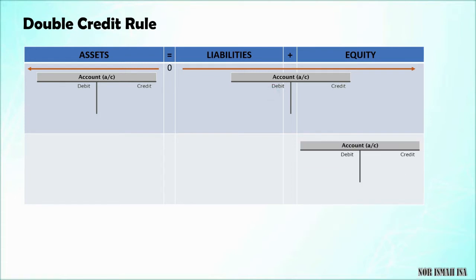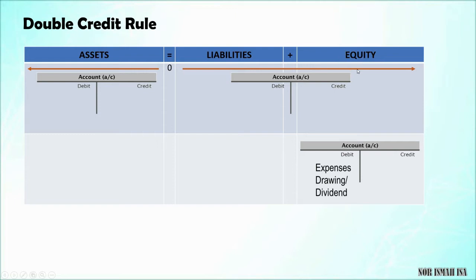Now let's go to the things that decrease and increase equity. As we know before, revenue will increase the equity, while expenses and drawing will decrease equity. So this applies in this T account. Expenses, drawing for a sole trader, and dividend for a corporation will decrease the amount of equity.